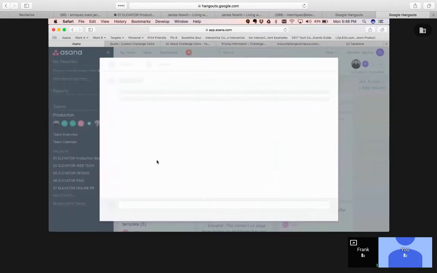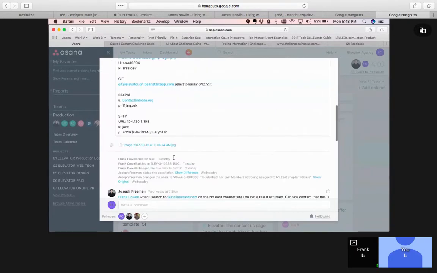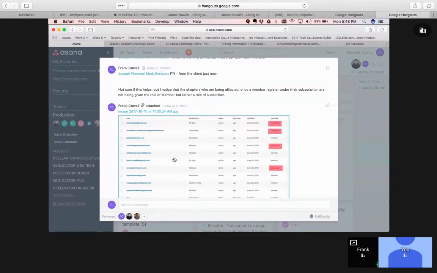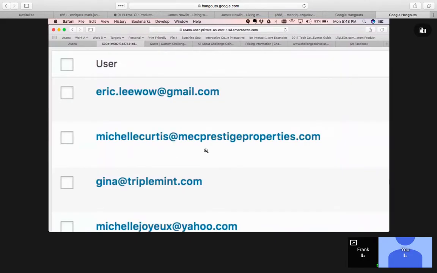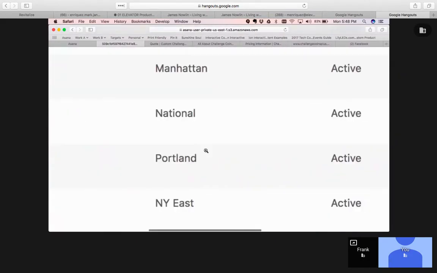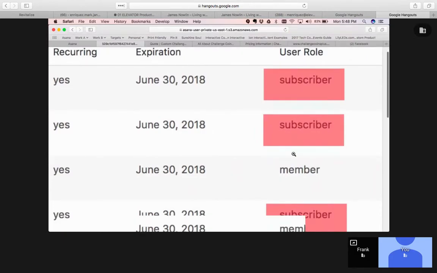I added some more detail from the client about troubleshooting this problem. One of the things he noted today that I thought was interesting is that all the ones they're having a problem with are when they come in and for some reason they're marked as subscriber.